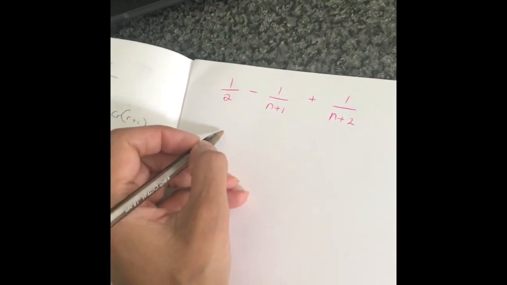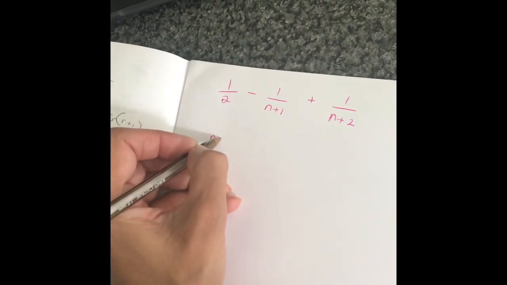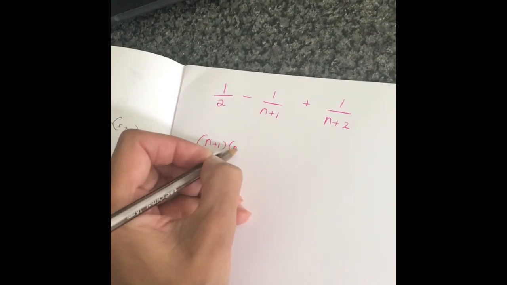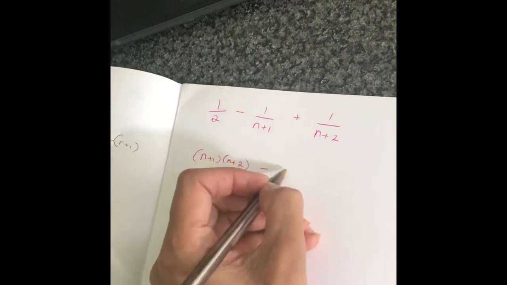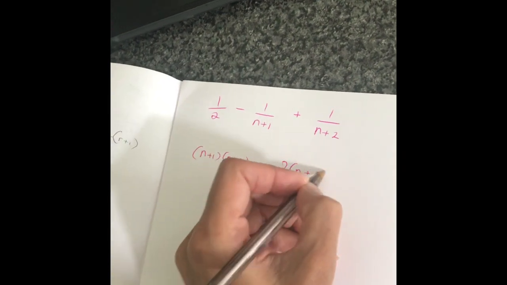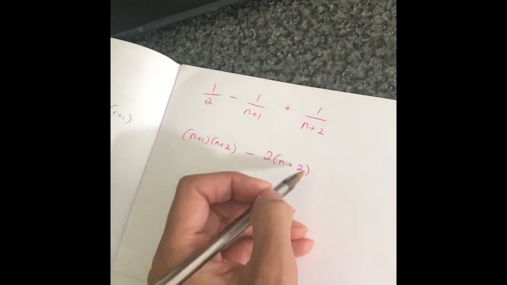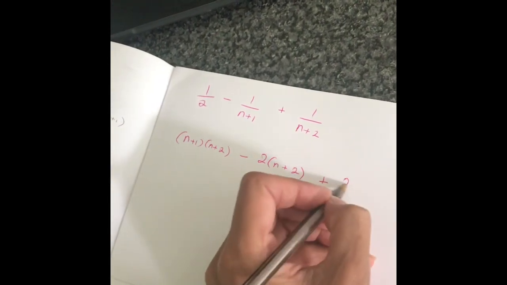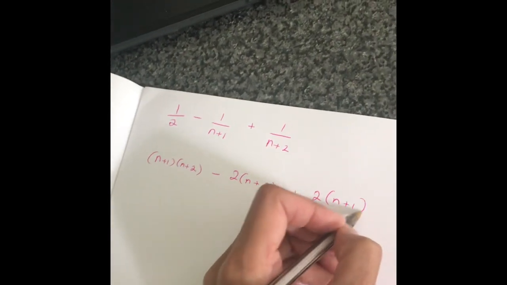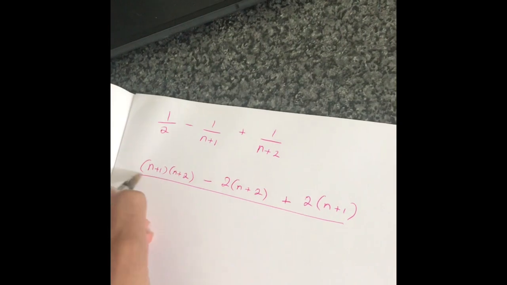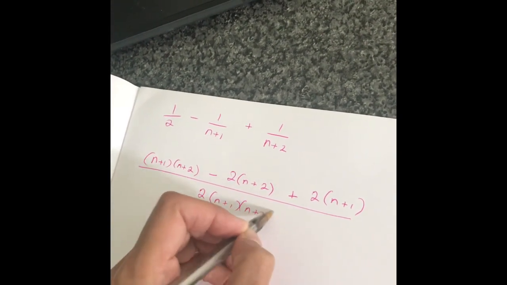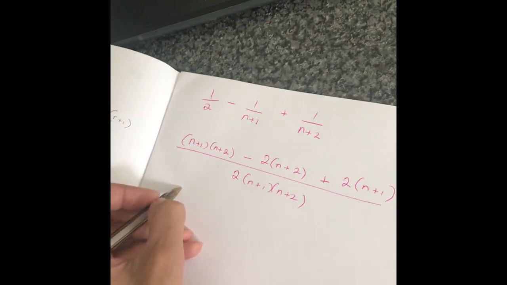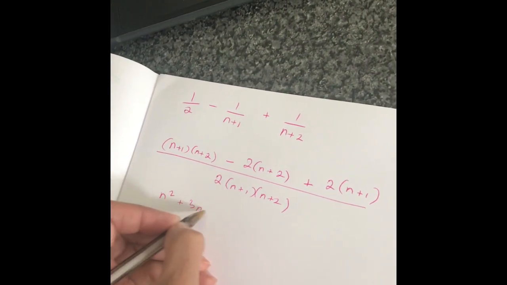So I would get, over here, I'd get n plus 1 times n plus 2 on the top line, minus 2 brackets n plus 2, plus 2 brackets n plus 1, all over my common denominator of that. Expand your brackets, collect your like terms.